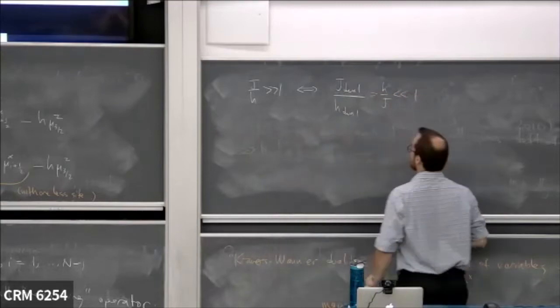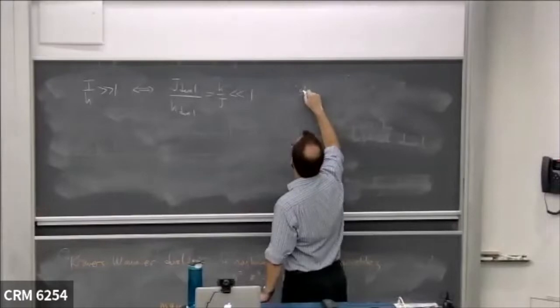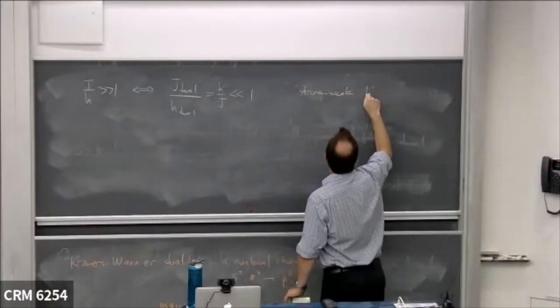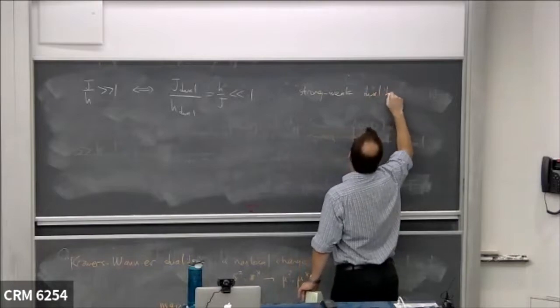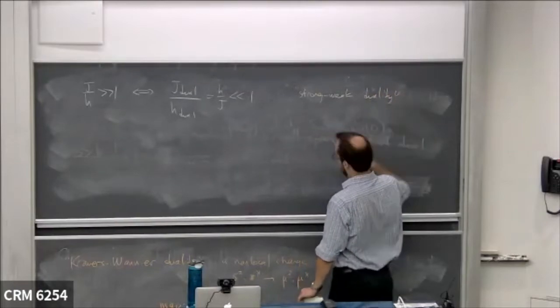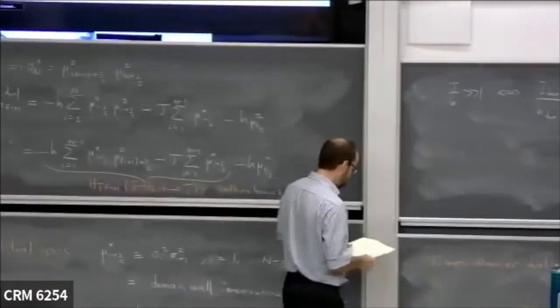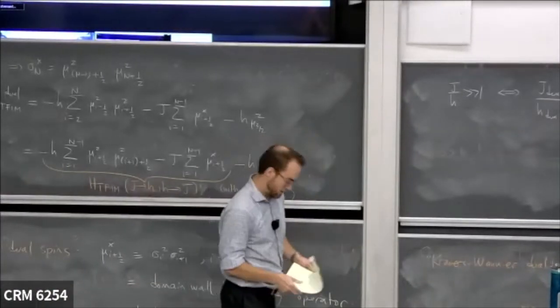And vice versa. So you can think of this as a strong-weak duality. If you think of the ratio as your coupling constant, then you map a strongly coupled problem to a weakly coupled problem, and vice versa. So that's the duality.